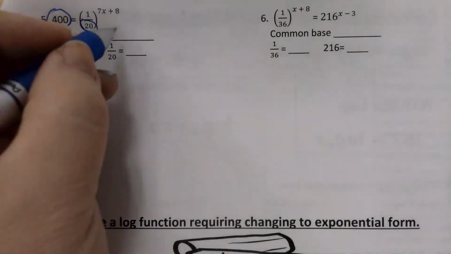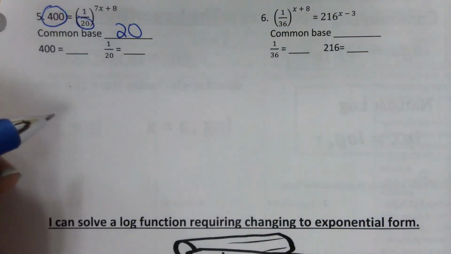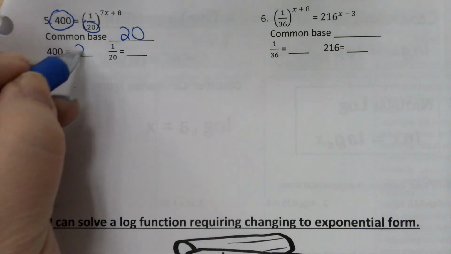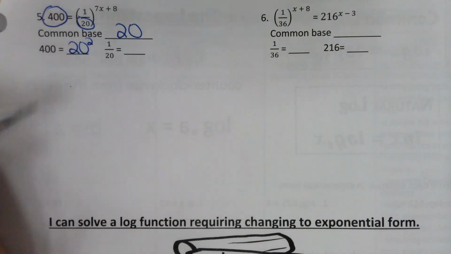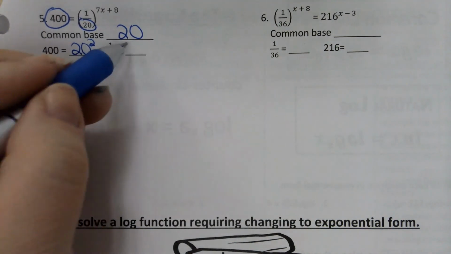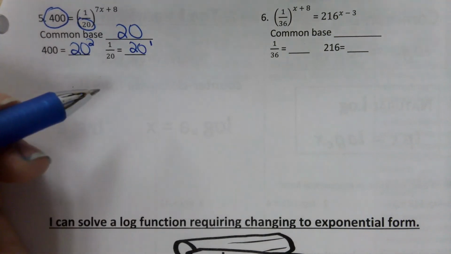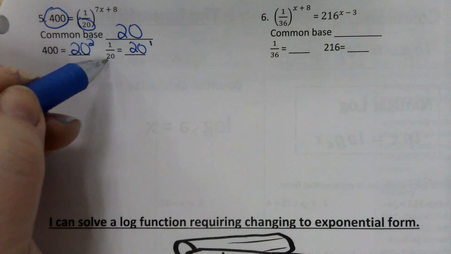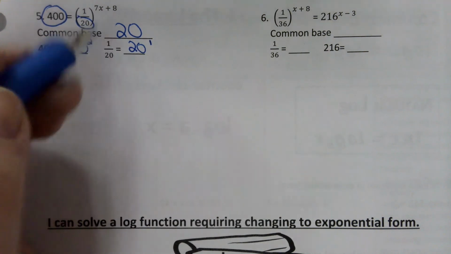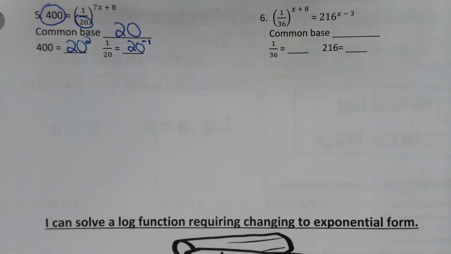So I'm going to use a common base of 20. As I said, 20 squared gives me 400, and 20 to the first power gives me 20. So if I want to make that into a fraction or cross the fraction bar, my exponent has to be negative.